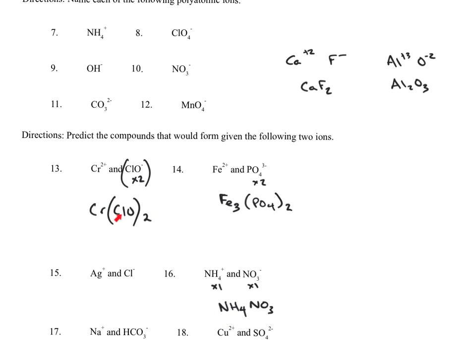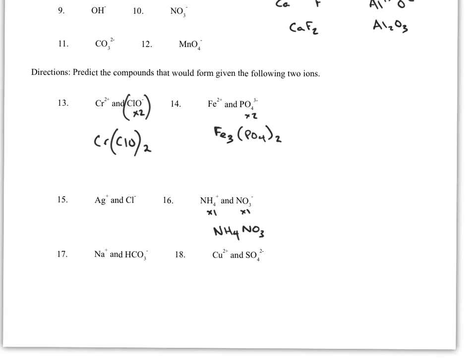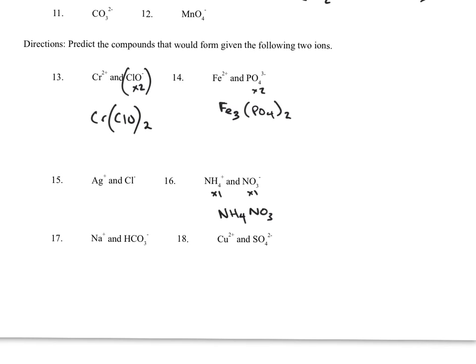Up here, I had to use parentheses because I had more than 1 polyatomic ion. But let's say instead of 17 I had this: Na with a +1 charge and an oxide, O with a -2 charge.